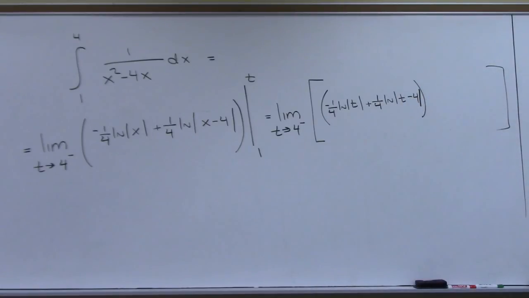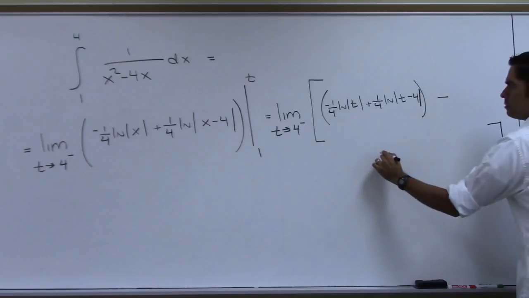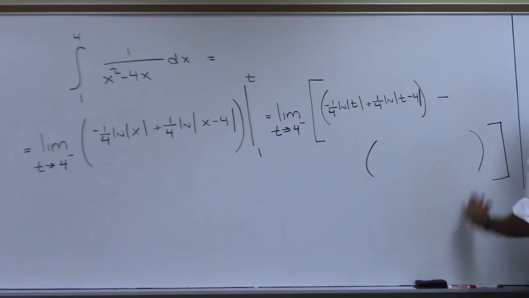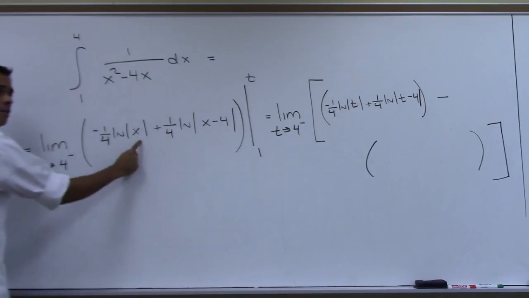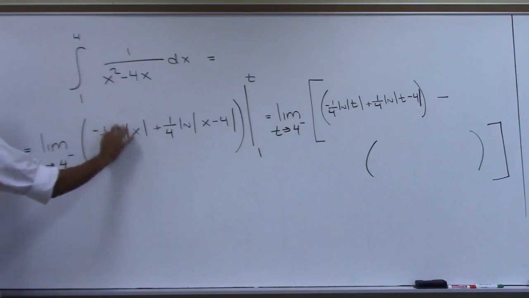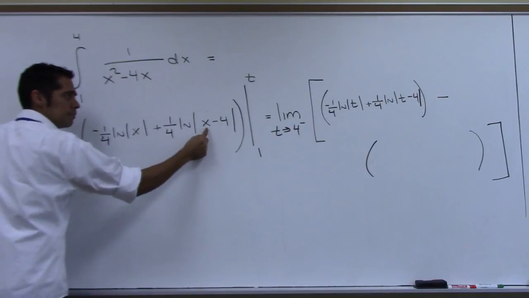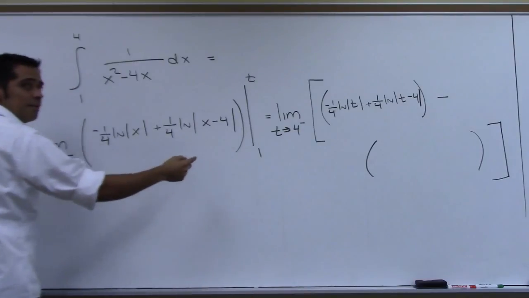What happens when I plug in 1? So minus, I'm going to have to carry this one down here. I'm out of room. So plug in 1. It's natural log of 1, 0. So that's all gone. 1 minus 4 is negative 3.